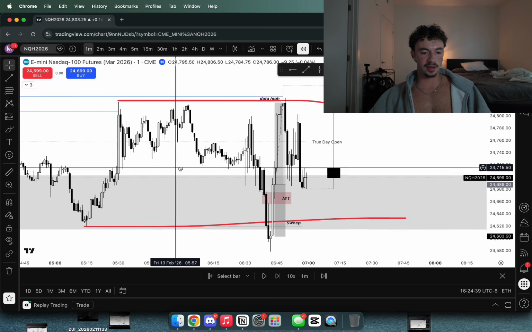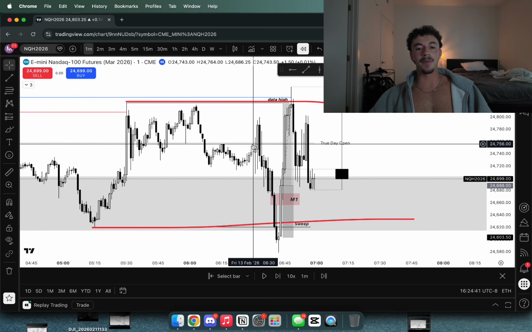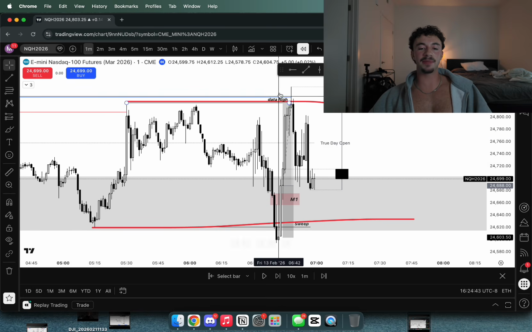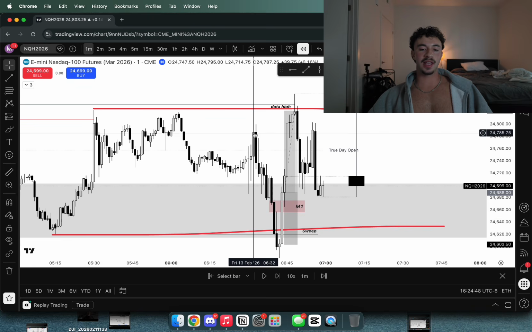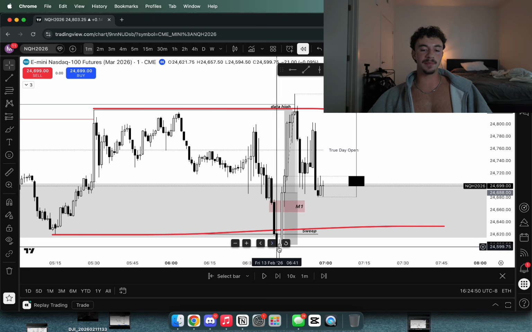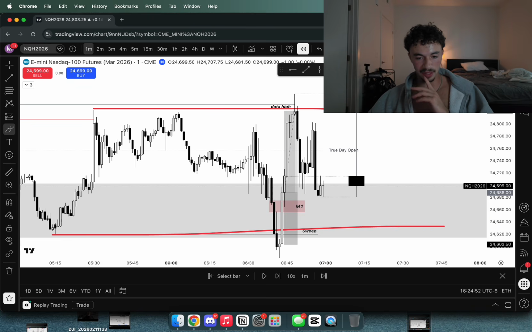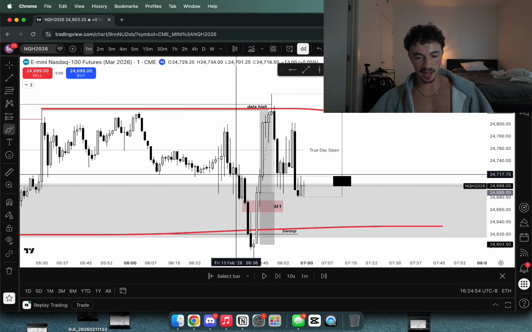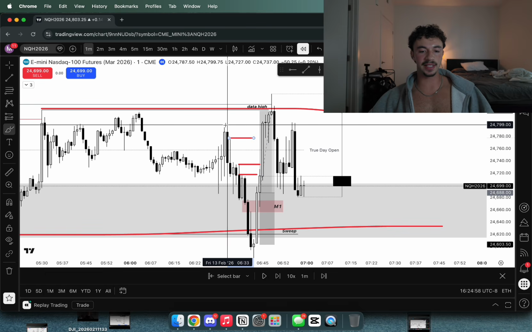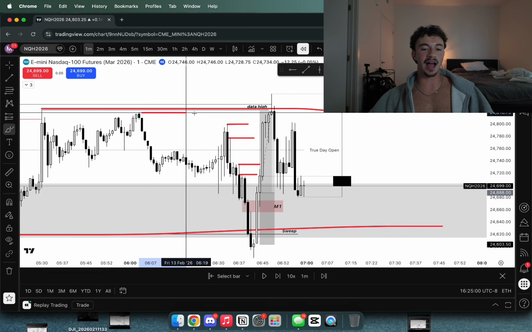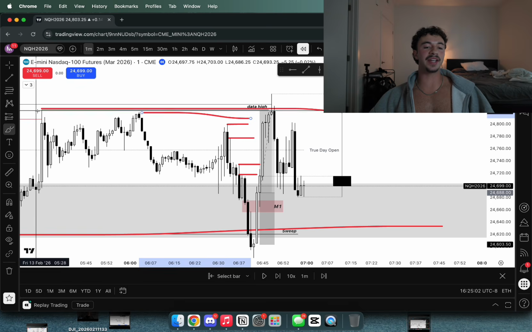Right here, price is accumulating. Manipulates. Distributes. What do we do in leading to this manipulation? We leave this high. We leave the major high, which is the data highs.